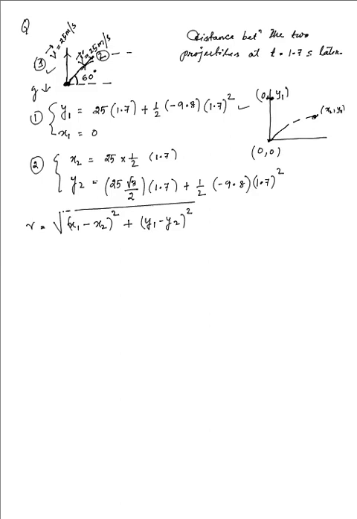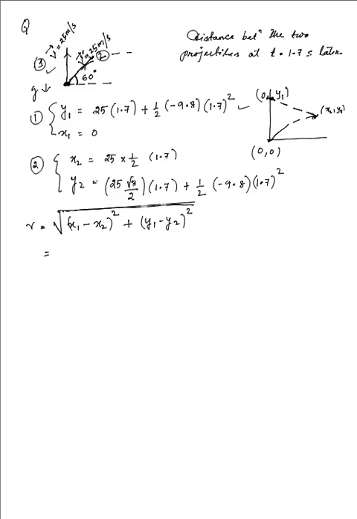The distance between them is this line which connects them directly, and that line can be obtained just by coordinate geometry calculation, which involves this relation. School stuff. So from that we can obtain this value.